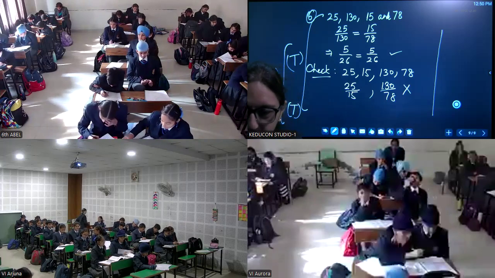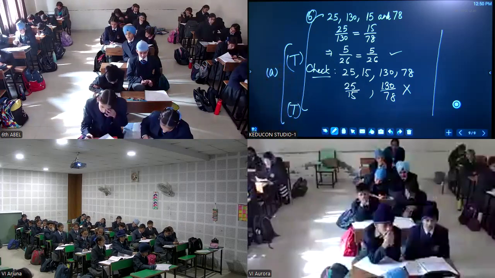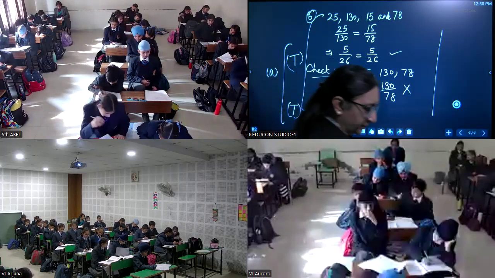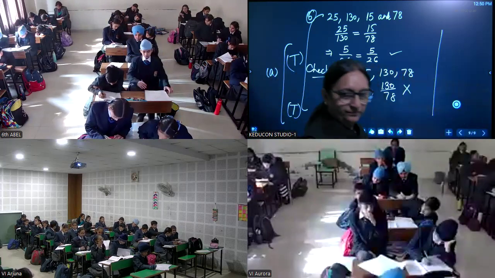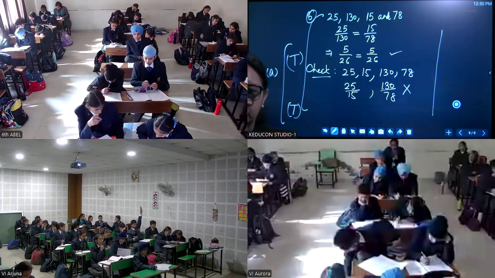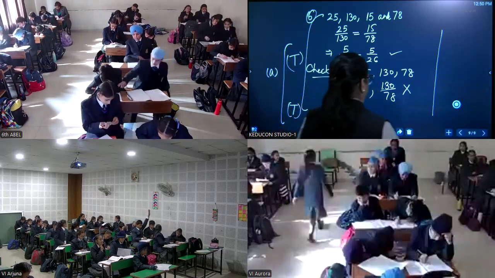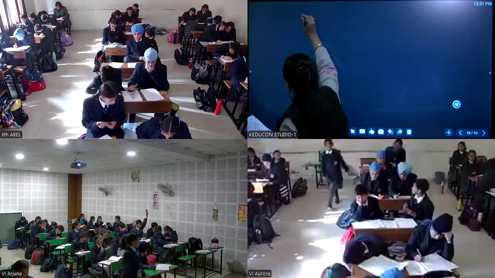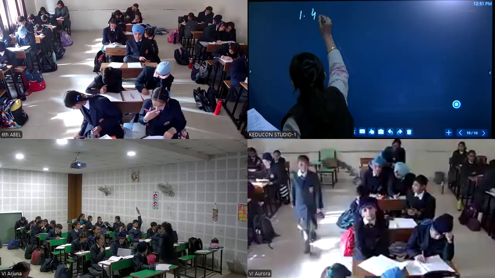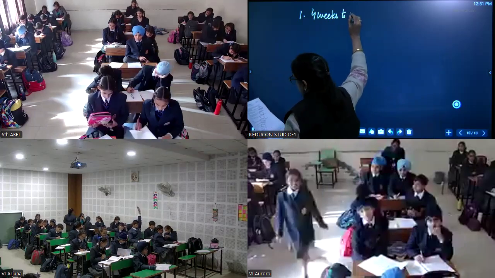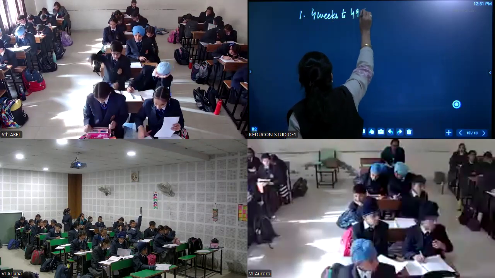Let us do the subjective question now. Fill in the blanks in the given table. Please do it by writing. Oral nahi karna. I am writing here. I'm not making the table here. We are just writing question number 1. It is 4 weeks to 49 days.